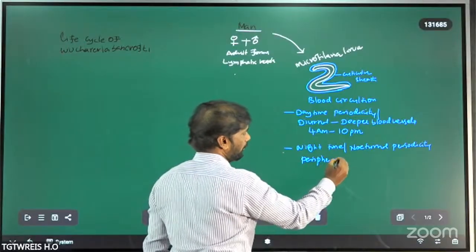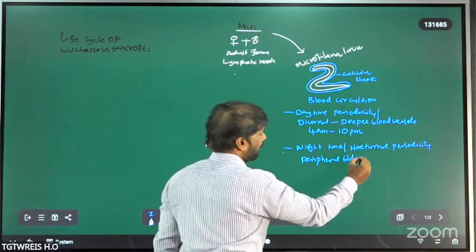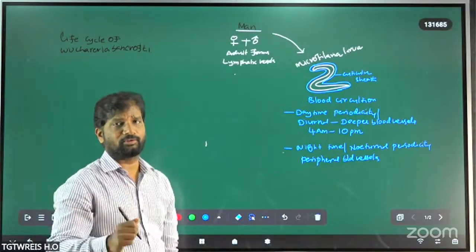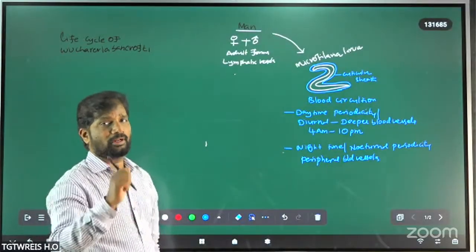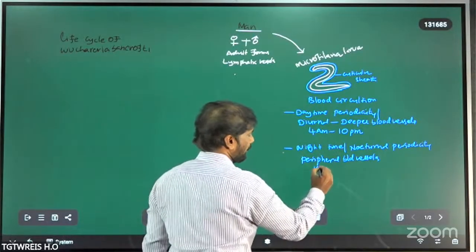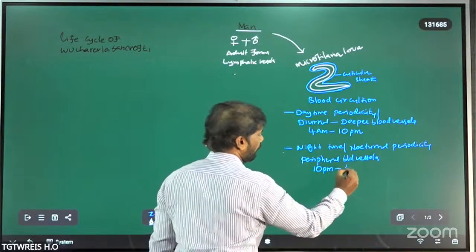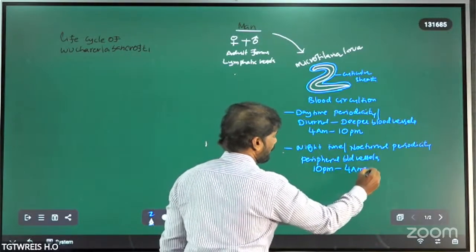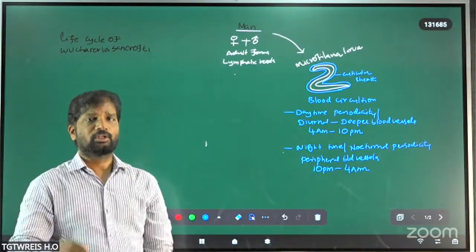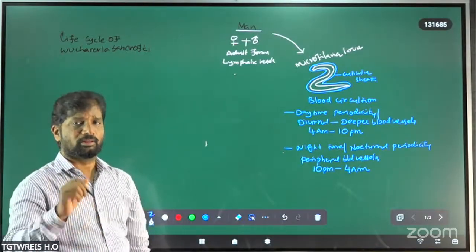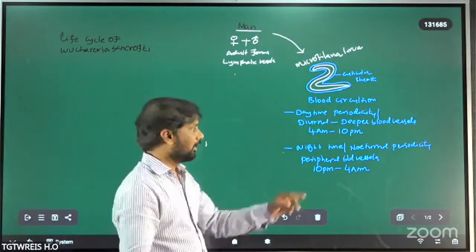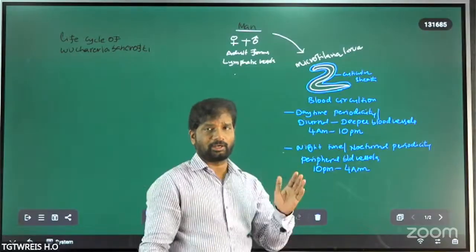At what time is it exhibited? From 10 p.m. to 4 a.m., the microfilariae larvae are present in the peripheral blood vessels. This migration is known as the nighttime periodicity or nocturnal periodicity.